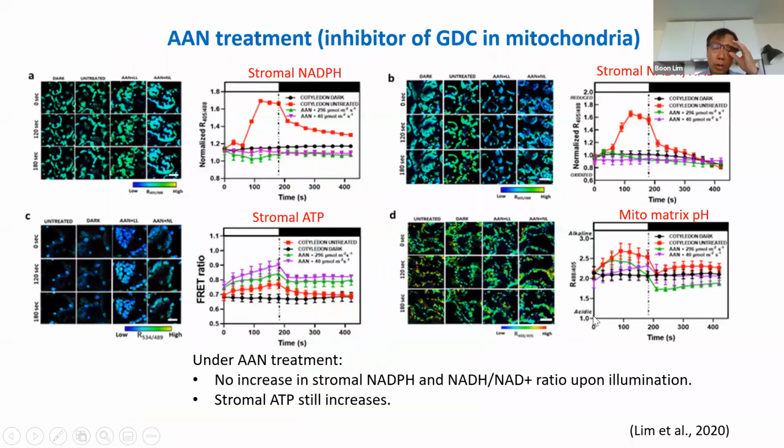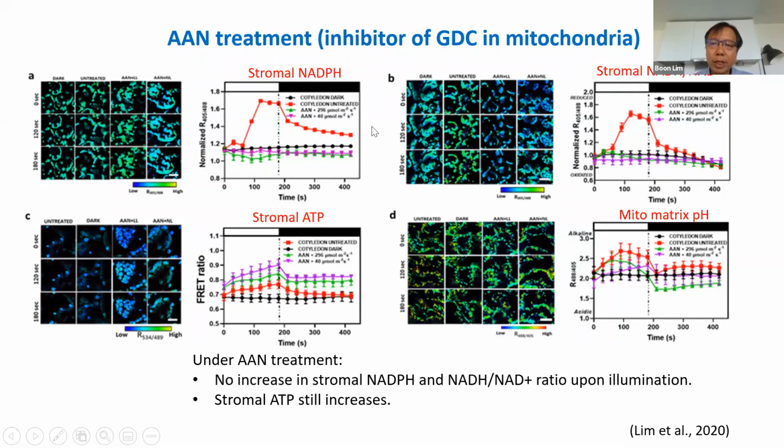Then we use AAN, which is an inhibitor of glycine decarboxylase. We can see that with AAN application, there is no increase in stromal NADPH anymore during illumination. And there is also no increase in the stromal NADH-NAD ratio.